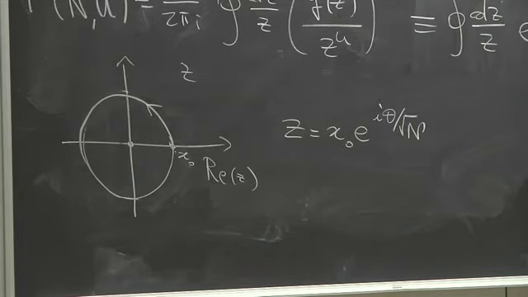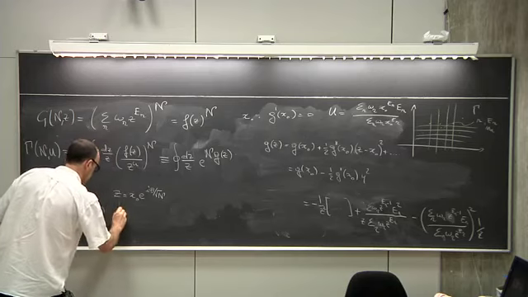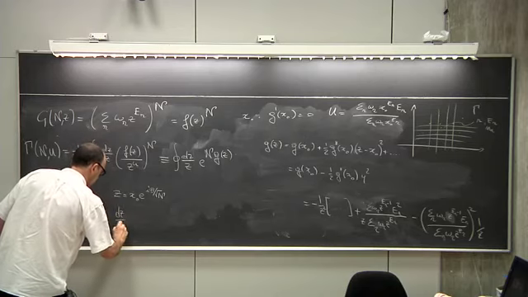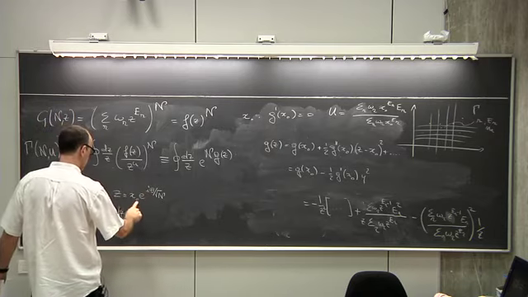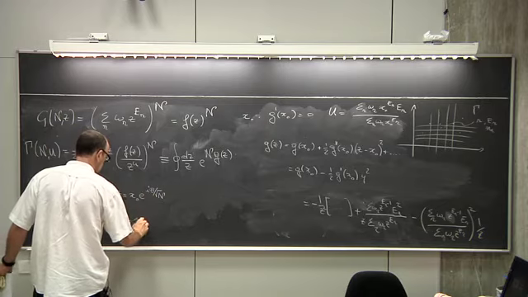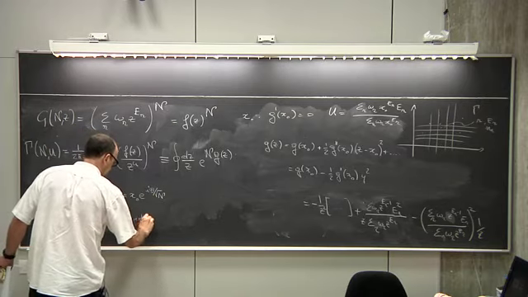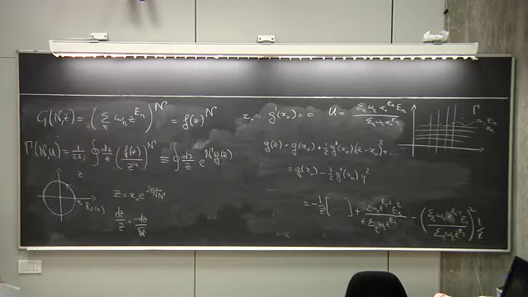I introduce this factor square root of n for convenience. So dz over z is, when I take the differential, i d theta over square root n.